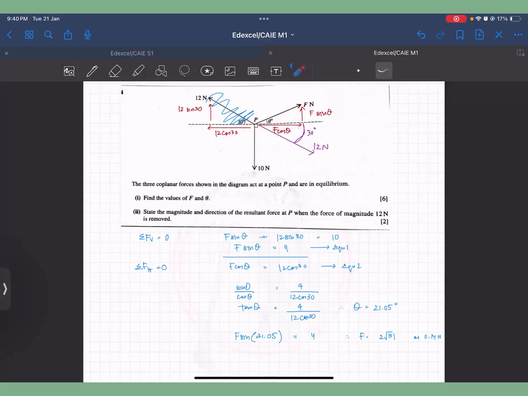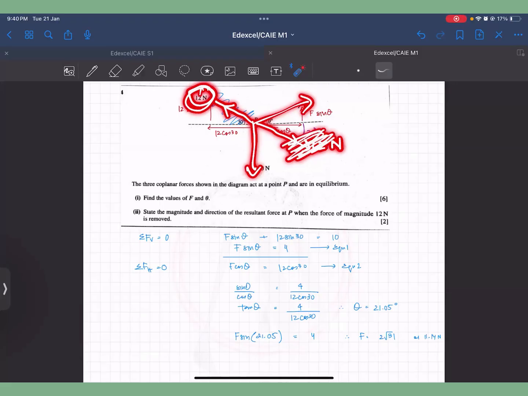Okay, so now if I remove this, the resultant force would be in exactly the same direction as the one which I have removed, because of these two things, the resultant would be over here, 12 Newton. This would be the resultant, and now if I add the 12 Newton again back, this 12 Newton would be cancelling out this 12 Newton from here, and again the resultant would become 0.